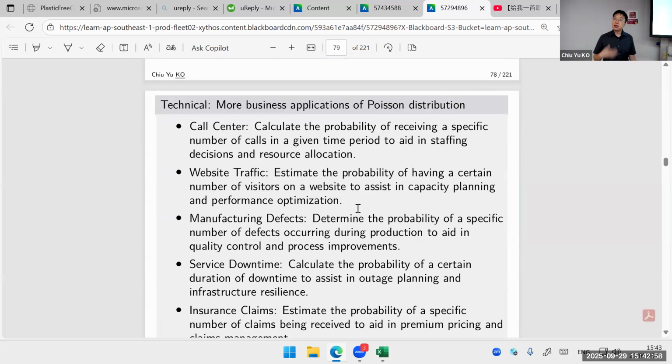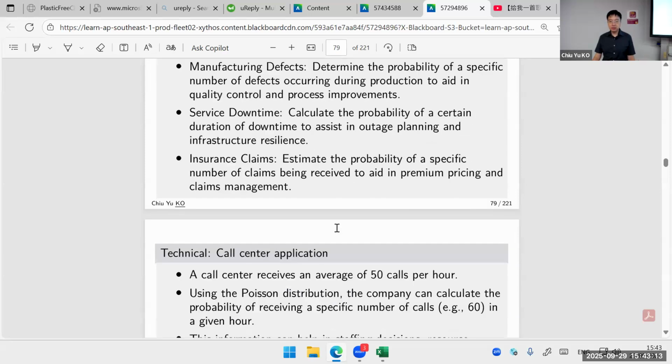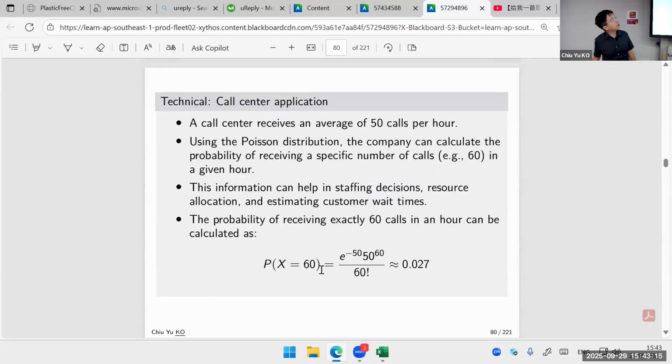Website traffic, how many customers would come, and then you have to prepare for the spike, right? And manufacturing defects, and then service downtime, and then insurance claims. How many claims will we get over a period of time, right? These are all examples. You can see how this can be applied.